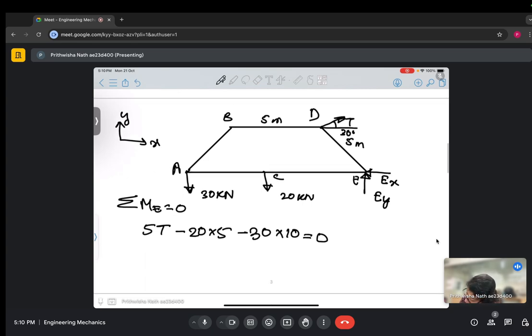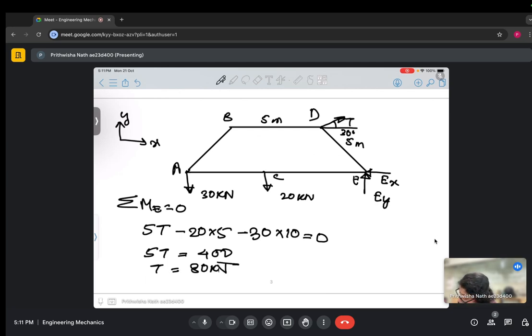So from there 5T equals 400. So T equals 80 kilonewton.